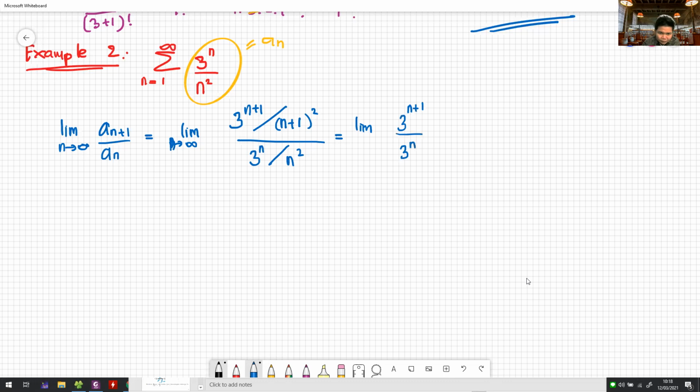This one becomes the lower part: (n+1)^2 divided by n^2, as n goes to infinity. What do we have here? We cancel this. So what is it? The limit is 3. Okay, how about this one?